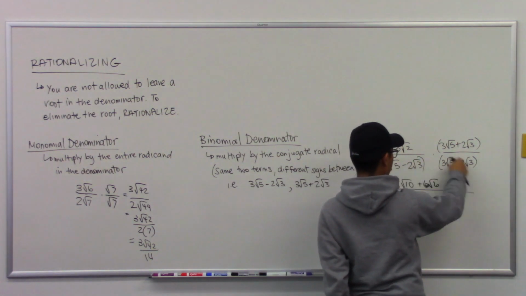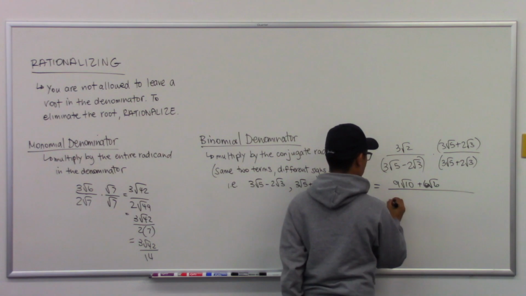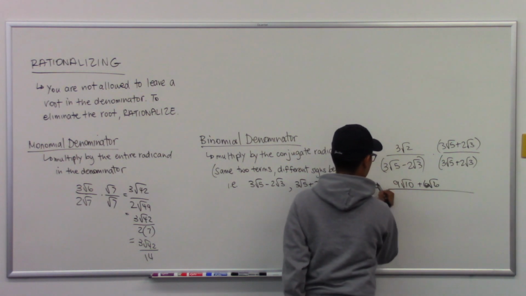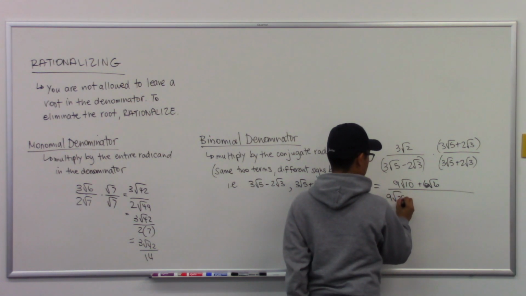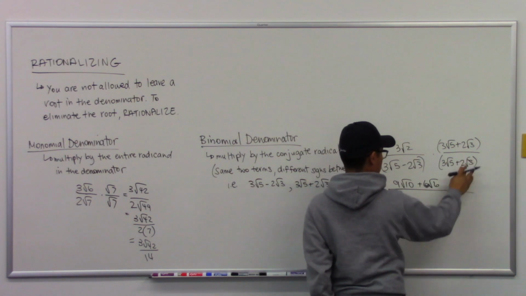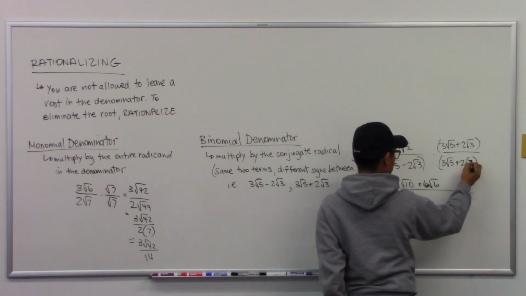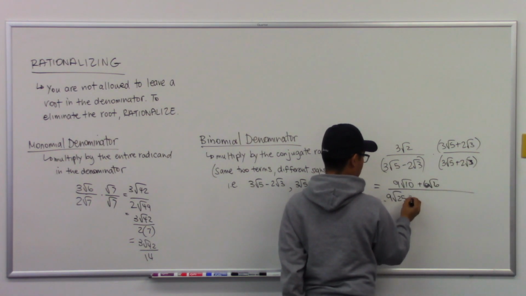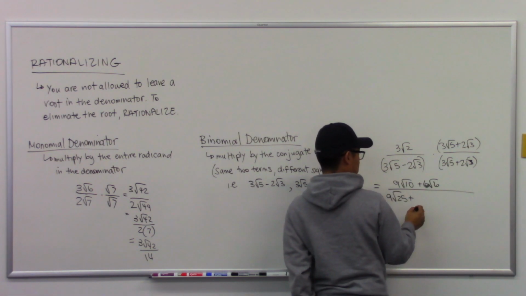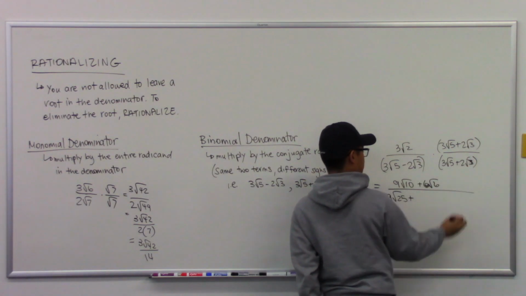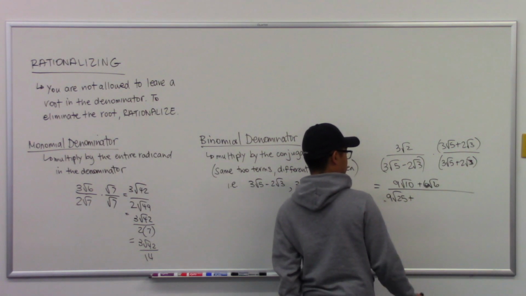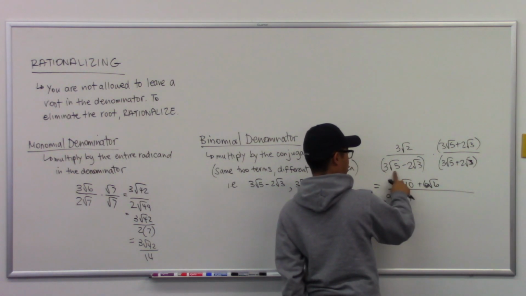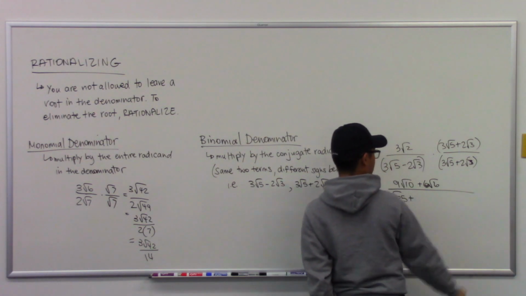Then you FOIL out here. 3 root 5 times 3 root 5 is? This times this. 3 root 5 times 2 root 3. This one times this one. 3 root 5 times 2 root 3.